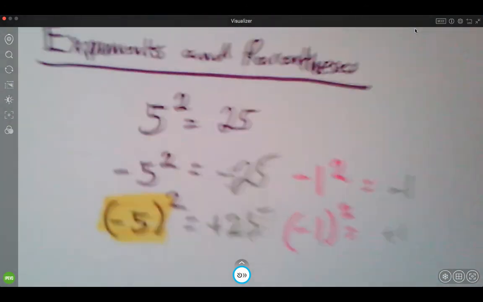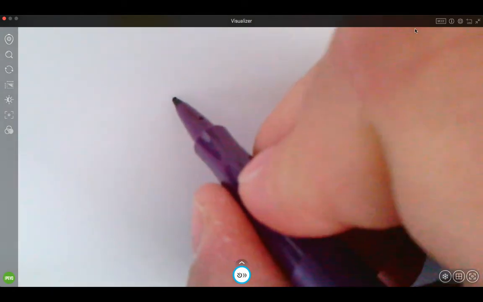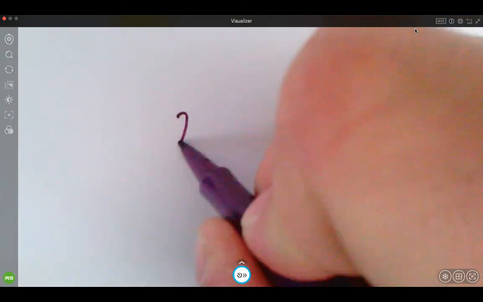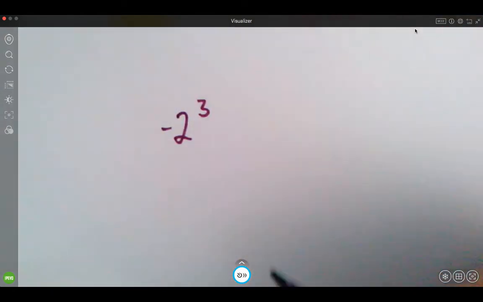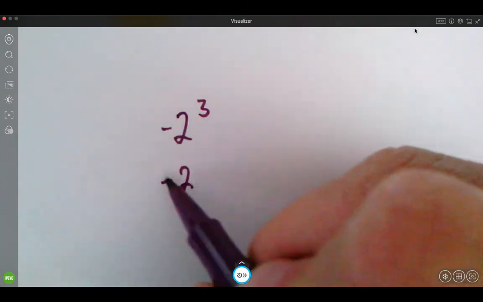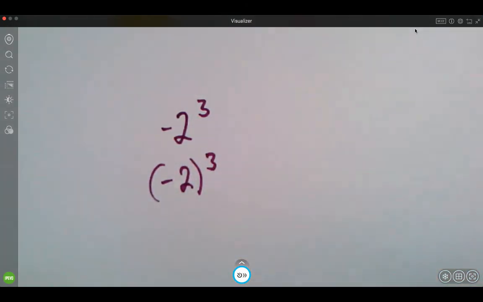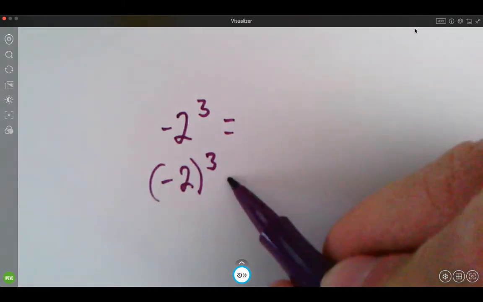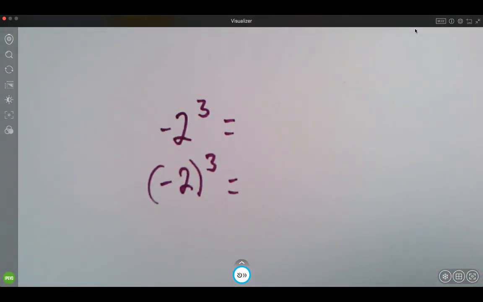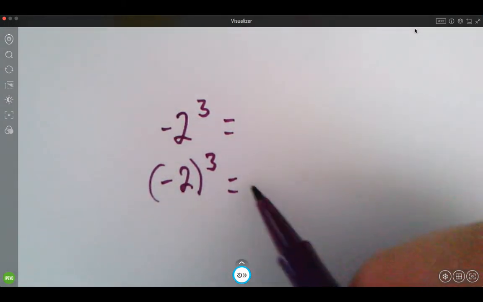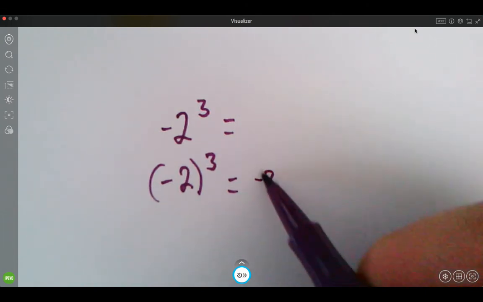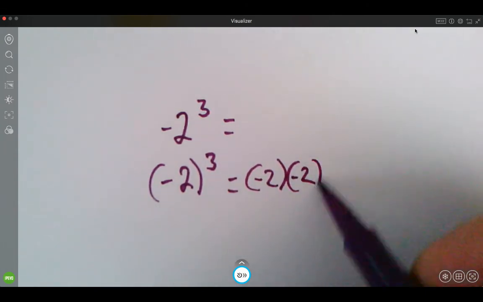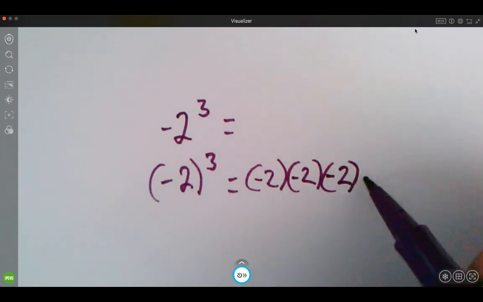So now let's look at the number 2 and the power of 3. So what about this? -2 to the third power, and (-2) to the third power, okay? All right, so let's kind of make sense of this. In parentheses, you really are doing -2 times -2 times -2.